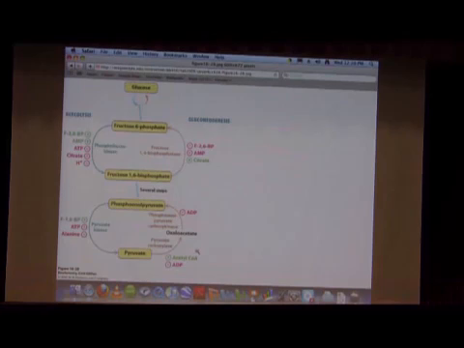When we destroy F26BP in the cell, PFK loses a lot of activity and F16BPase gains a lot of activity. So it's a very, very important reciprocal regulator.